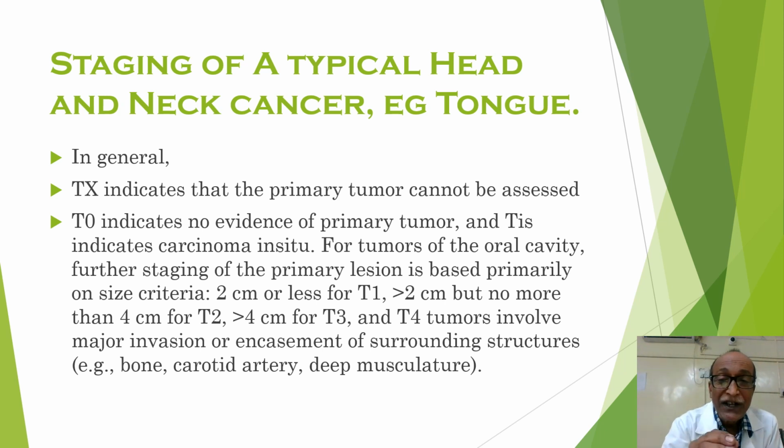If it is in the cheek, it has gone into the masseter muscle. Neighboring structure involvement is T4, whatever the size. Naturally, the larger the size, the greater the chance of involvement of the neighboring structures. So, TX, T0, TIS, and T1, 2, 3, 4. These are the T stages.